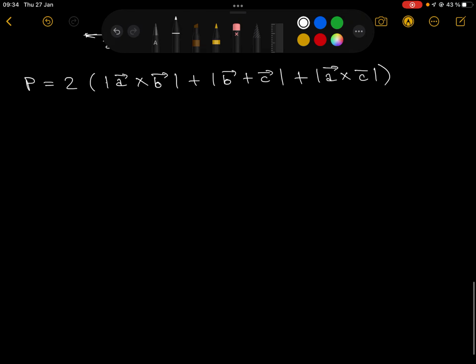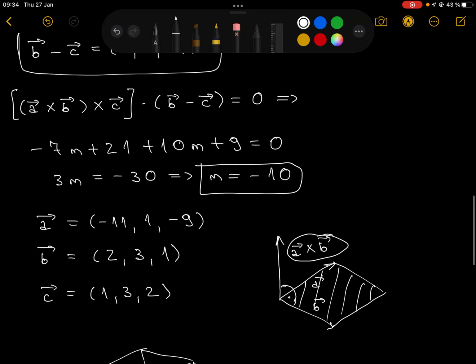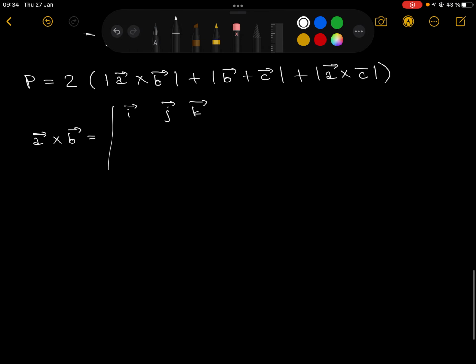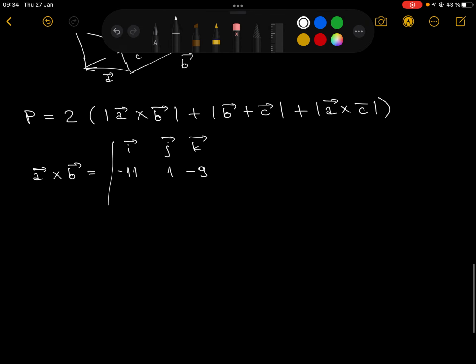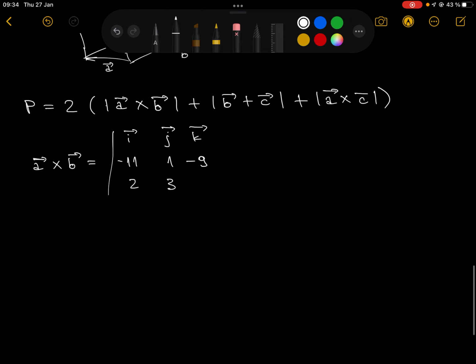Okay, so now let's go ahead and calculate these values. So A times B is equal to I J K, minus 11, 1, minus 9, and 2, 3, 1. Okay, so same story right here.